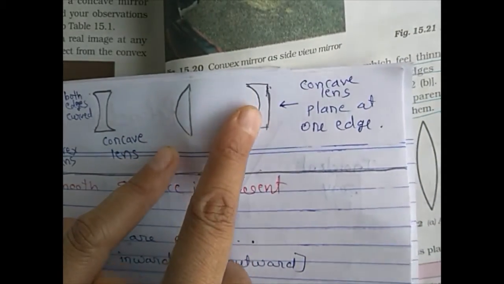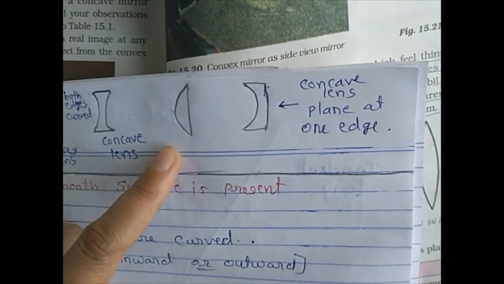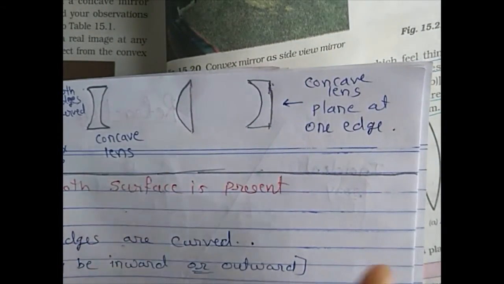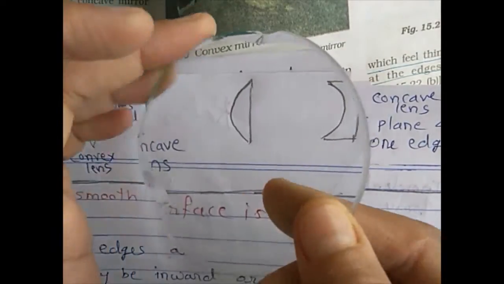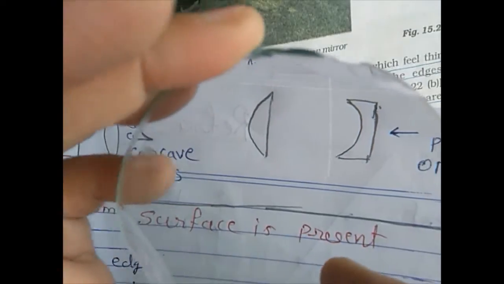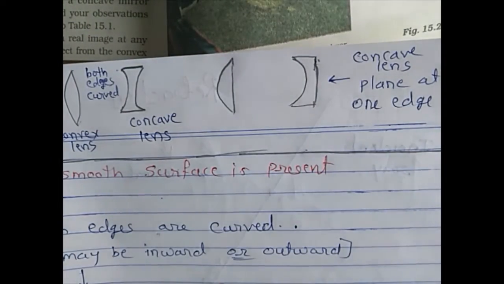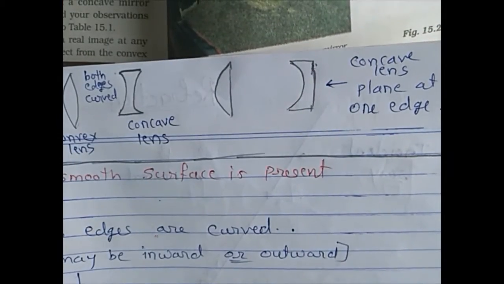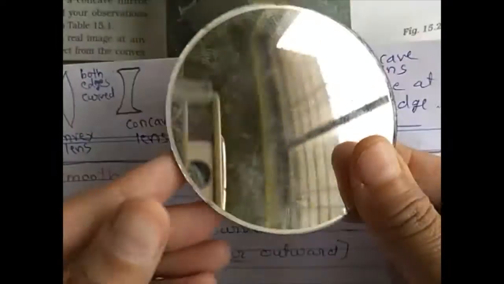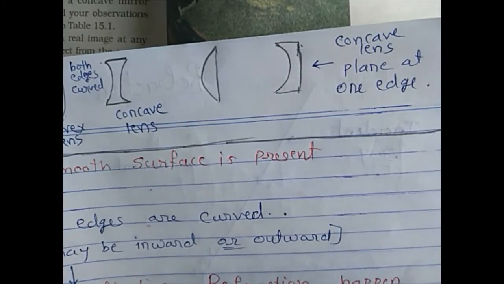Here also one surface is curved inward and the other is plane, but both surfaces should be smooth. That is the condition for a lens. In mirrors, one surface is shiny and the other is dull. That is the major difference.